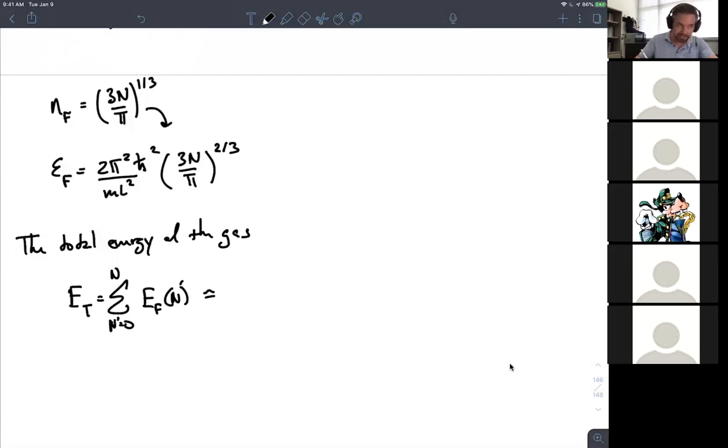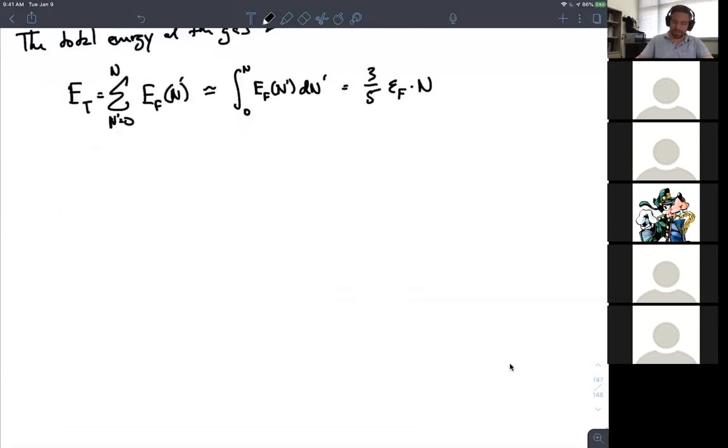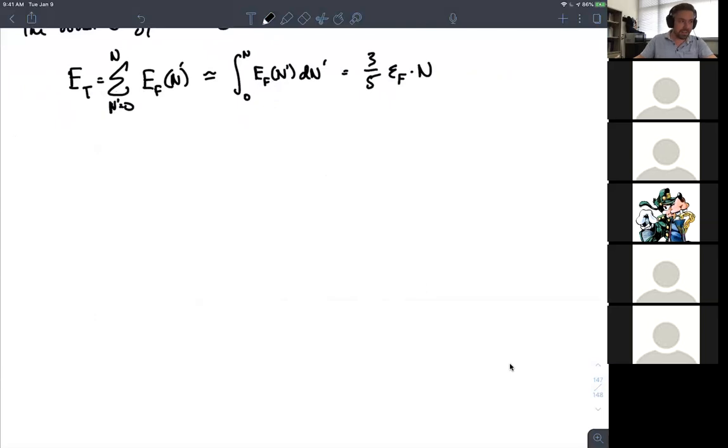Again, if we make the continuum approximation, this is an integral from 0 to N of our Fermi energy as a function of n prime, dn prime. Then we plug this in and what we will get is 3/5 the Fermi energy times the number of particles. So this is the total energy of our Fermi gas.